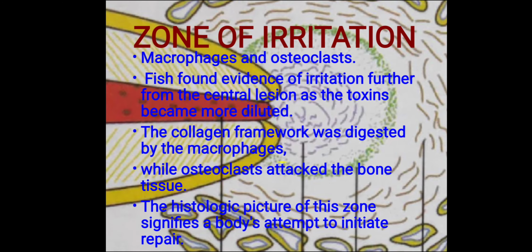Macrophages are phagocytic cells. So, macrophages digest the collagen framework and osteoclasts attack the bone tissue. The histological picture of this zone signifies the body's attempt to initiate repair.